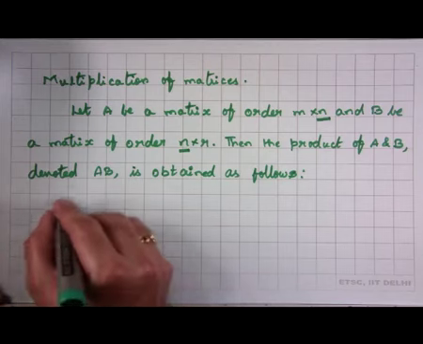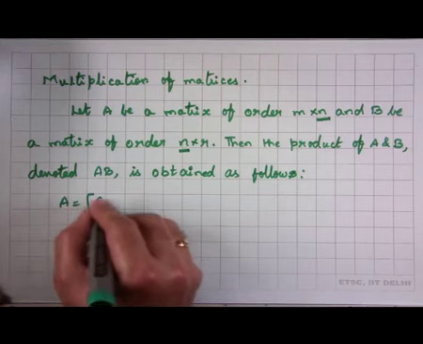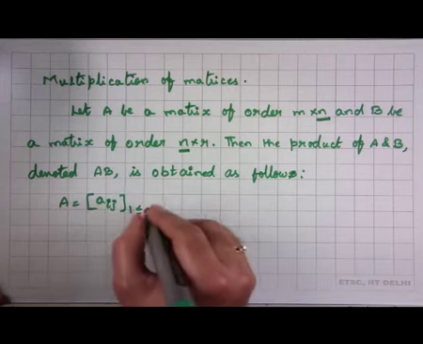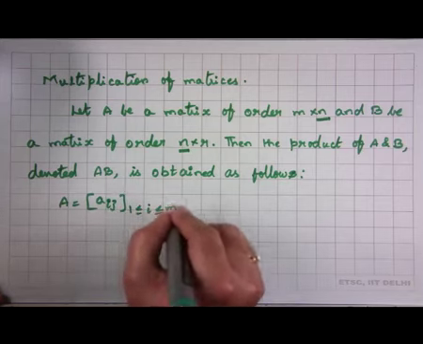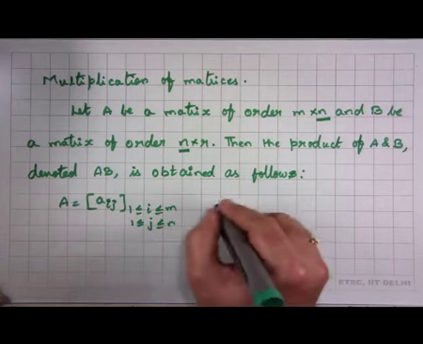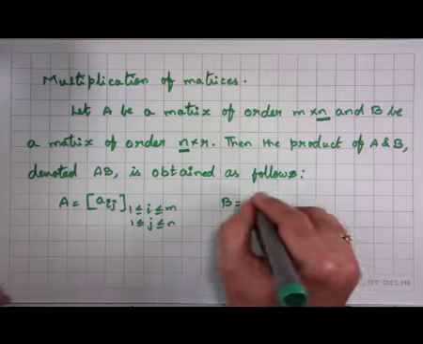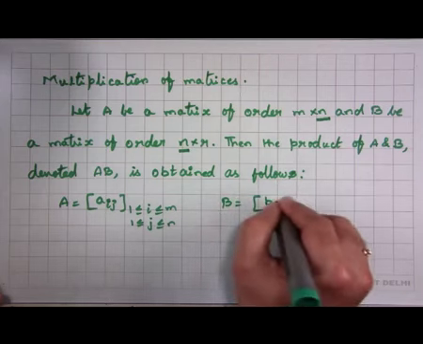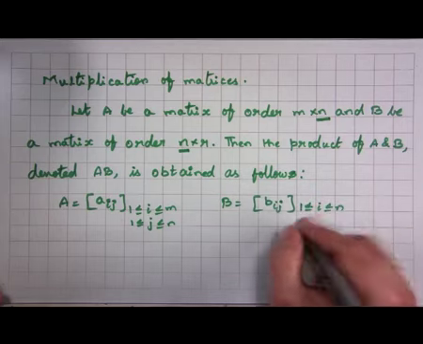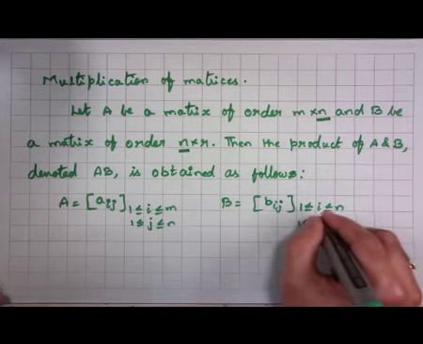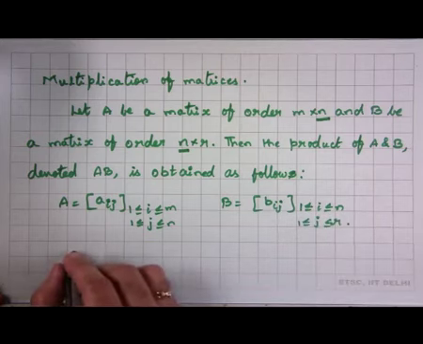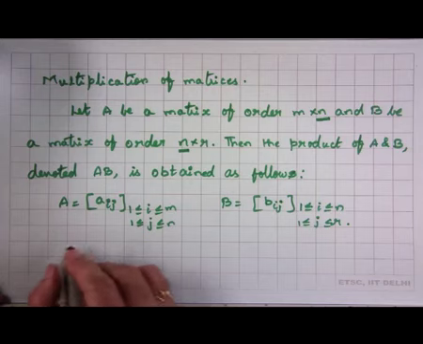So, as usual I will write A as Aij, where i runs between 1 to m and j runs between 1 to n. B I will write it as Bij, where i runs between 1 to n and j runs between 1 to r, and therefore, the matrix AB.